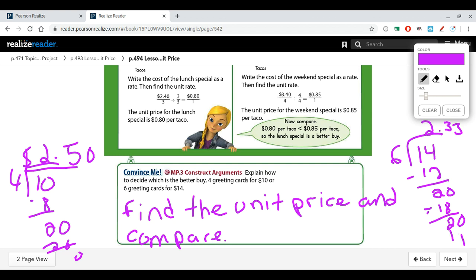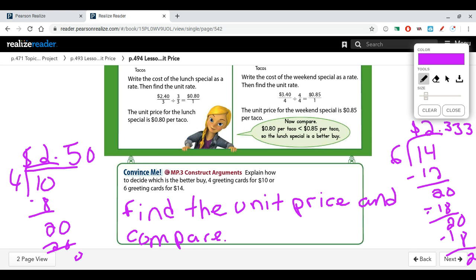That becomes 18. I subtract, I have 2 left over. So at this point in time, it becomes what is a repeating decimal. And so because we're looking at money, I would go ahead and round it to the nearest hundredth because that's my coins. So this one is going to be $2.33.